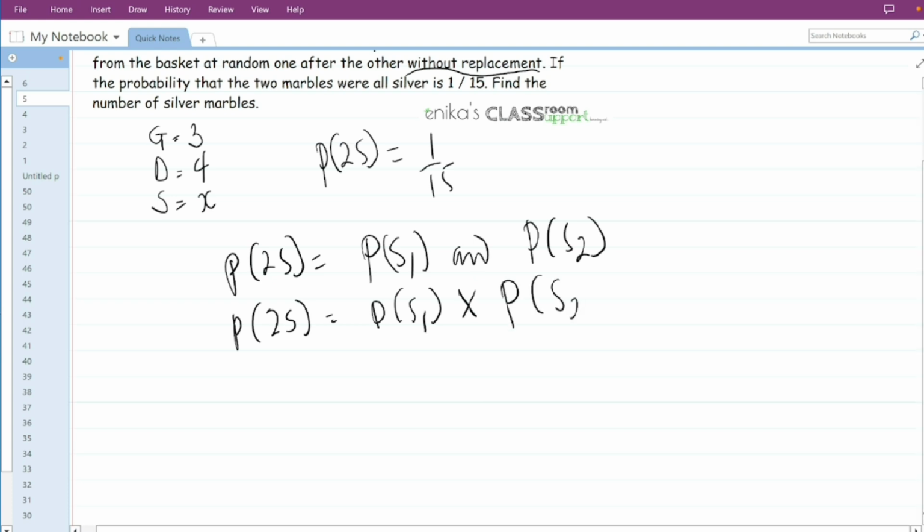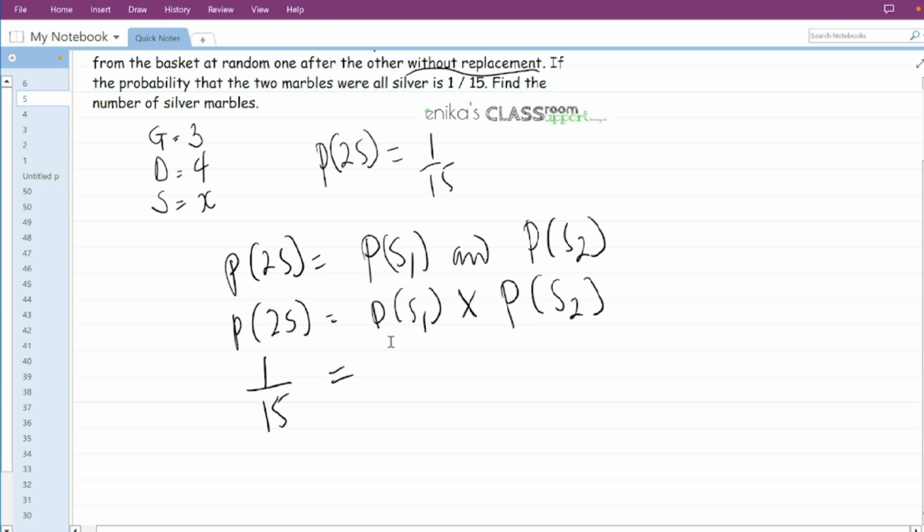Now we've been given the answer as 1/15, so we have 1/15 equals the probability of the first silver ball times the probability of the second silver ball. They use the words without replacement, so we should be careful with this.